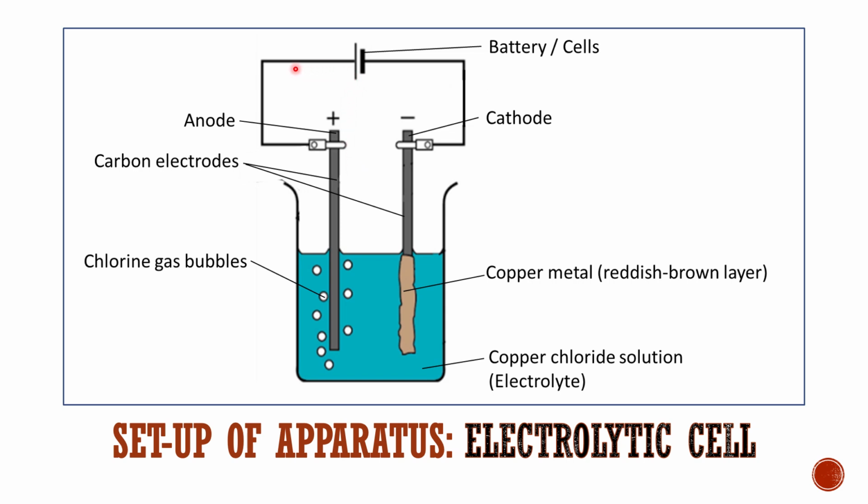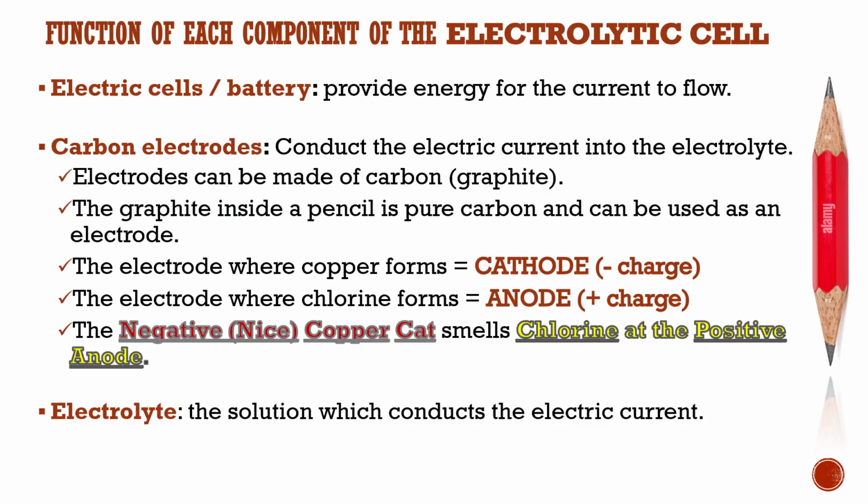The one is connected to the positive terminal of the cell, the other electrode is connected to the negative terminal of the cell, and then you will observe that copper metal, this reddish brown layer, forms around the negative cathode, and the chlorine bubbles, that gas that smells like jik, is formed around the positive anode. And this is then the setup of an electrolytic cell, and you have to practice to draw this and to label it correctly. So let us just look at the function of each component.